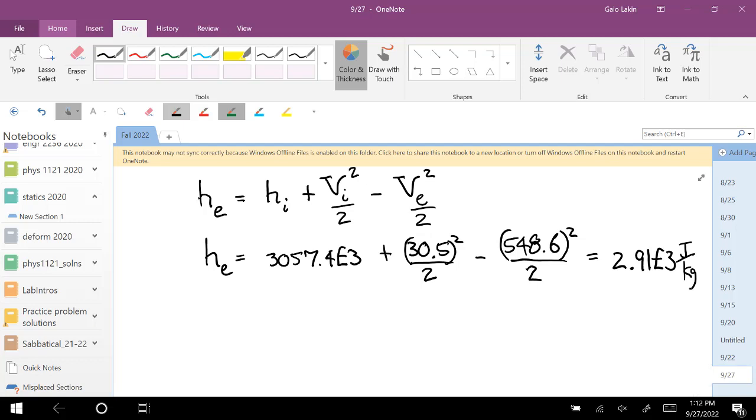Okay, so now we calculated the enthalpy at the exit. That's not what we're asked for. We're asked for the temperature. So now we have to do this reverse lookup using the enthalpy and the pressure to find the temperature.